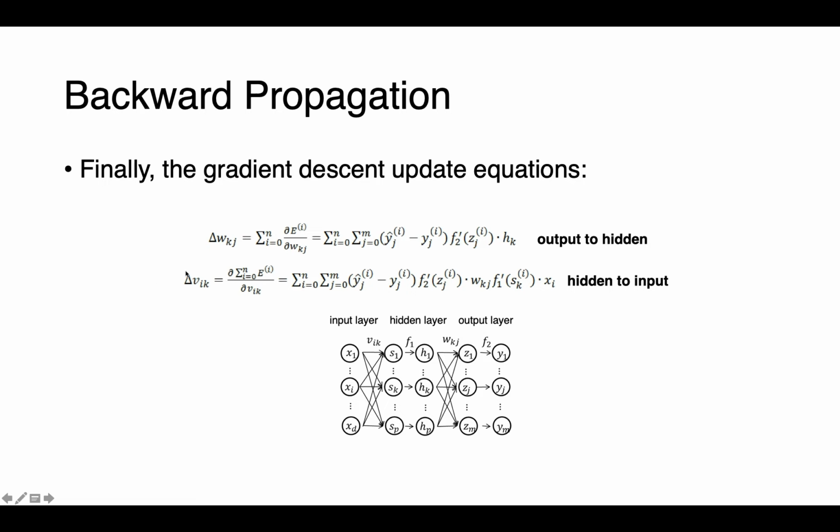And then we can look at the delta V here. Still you have the error. You can see the error propagates to here, so you can leverage the error term here, and you still have the derivative of the activation of the output layer here, times the weight of W here, and then the derivative of f1 here, and Xi, the input.